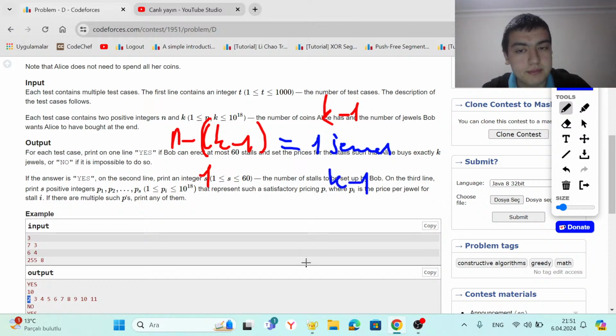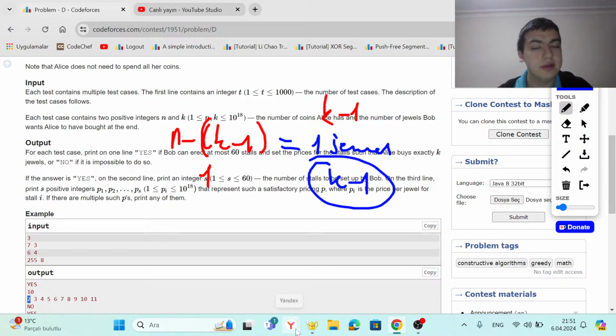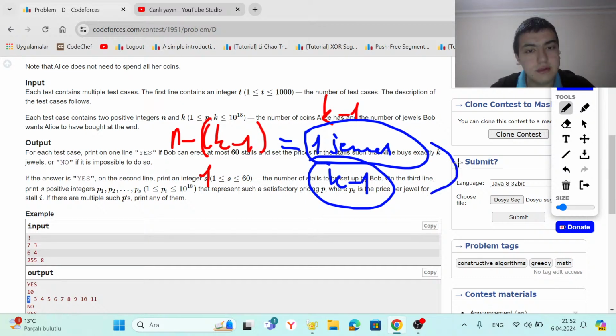When setting the price like n minus k minus 1, we buy 1 jewel, and our cost should be k minus 1. So we can buy 1 jewel here and k minus 1 jewelries here, so that we take exactly k jewelries.